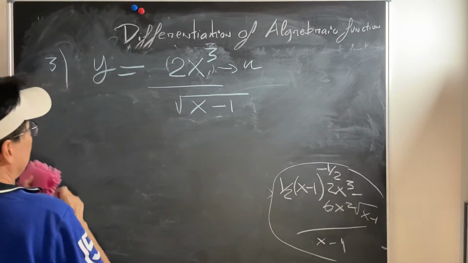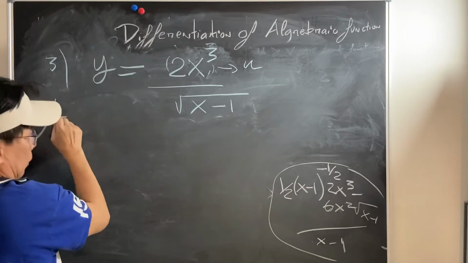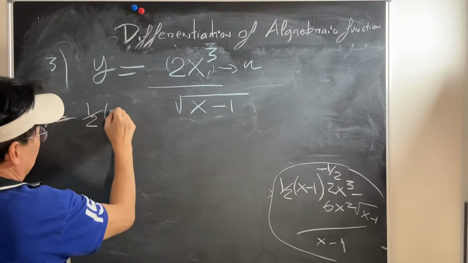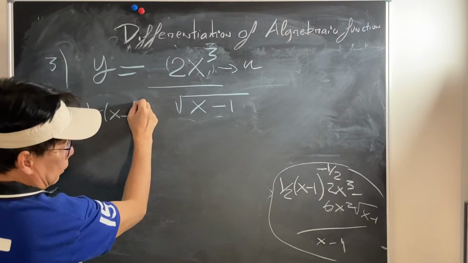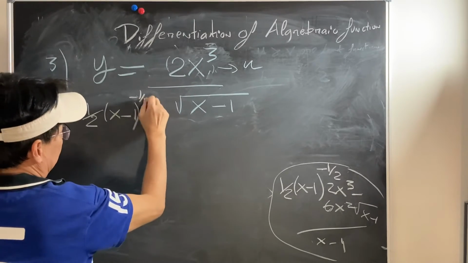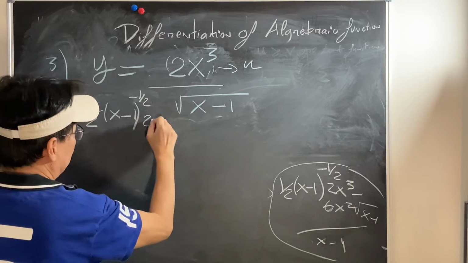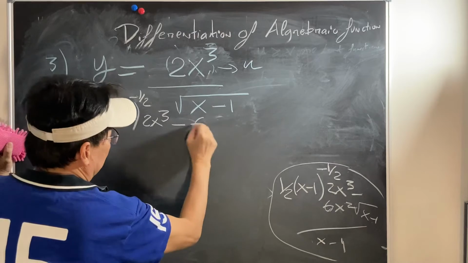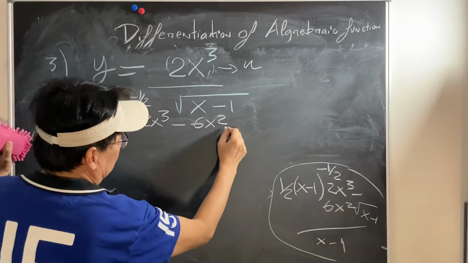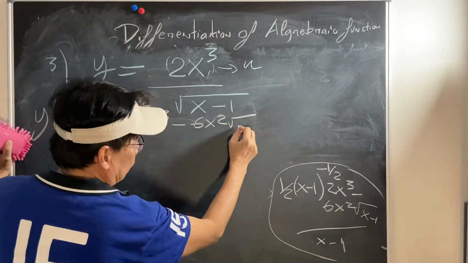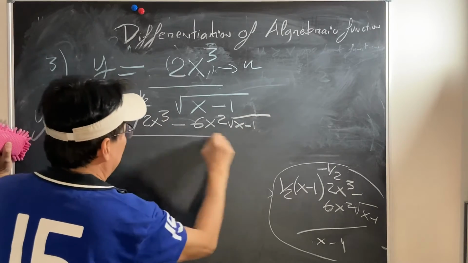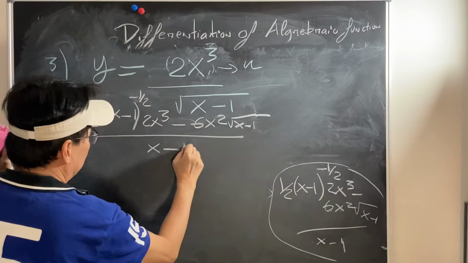So derivative y prime will be equal to 1/2 (x minus 1) to the minus 1/2 times 2x cubed minus 6x squared times square root of x minus 1, the whole thing divided by x minus 1.